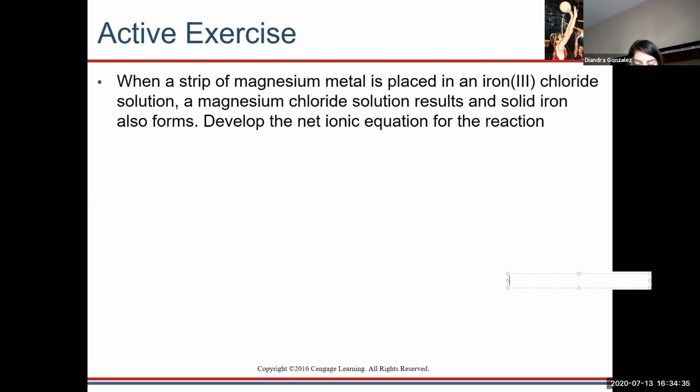So we would have to start out, well, we would have to name. So the first thing we need to say is magnesium, Mg, and that's a solid.